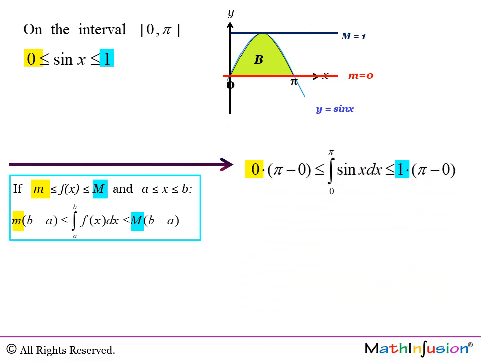So we get that the integral of sine x dx between 0 and pi is between 0 times pi minus 0 and 1 times pi minus 0. And we get that the integral of sine x dx between 0 and pi is greater than or equal to 0 and less than or equal to pi.